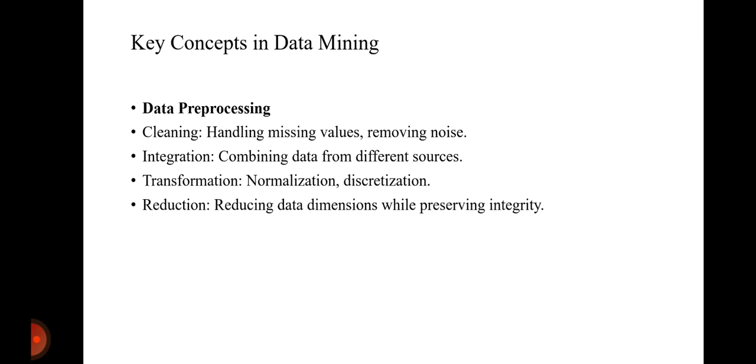So we are reducing data dimensions while preserving integrity. The pixels or dimensions of the images need to be corrected to match the other images in the particular data set. We use all these methods in the data mining process.